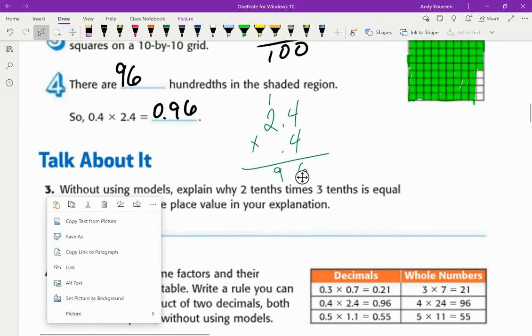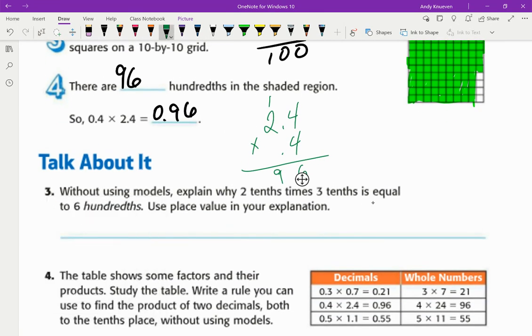So I have 96, and I have to look at my decimal points. I have 1 digit here, I've got 1 digit here, so that means I'm going to go 1, 2, and I'm going to have 0 point. There we go. 0.96 as my final answer.